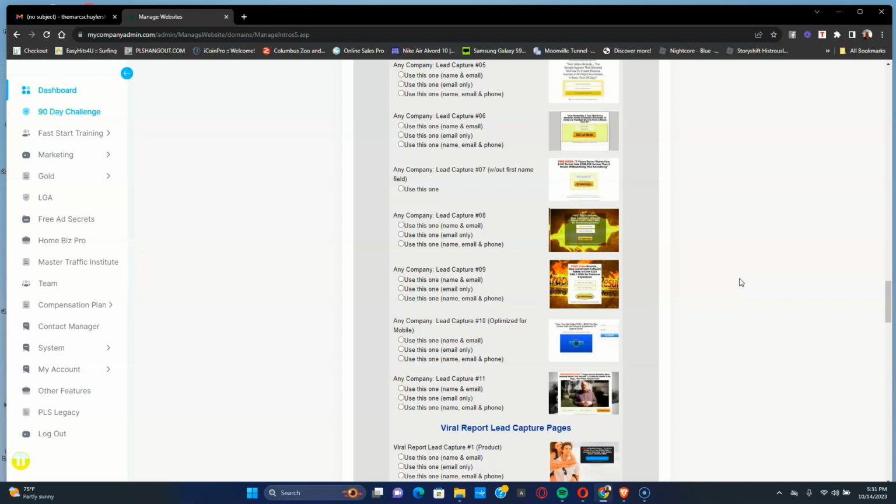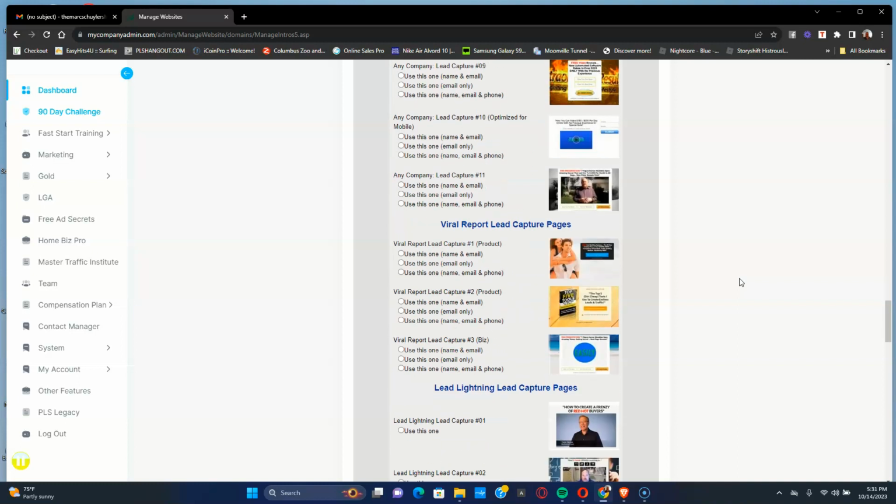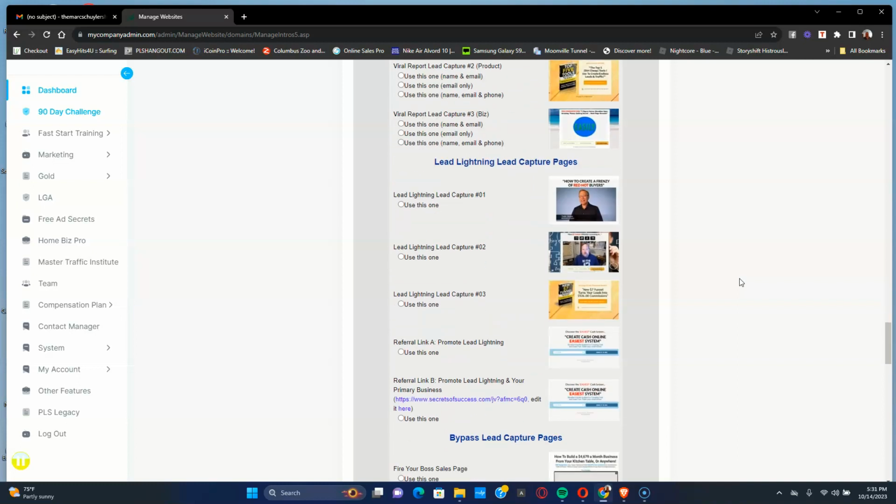Also, what you can sell besides Power Lead System is another thing called Lead Lightning. You only get two funnels with that. You get the free lead system, and then you get the Lead Lightning, which is only a one-time $7. But you do not get an autoresponder that follows up with everything else.